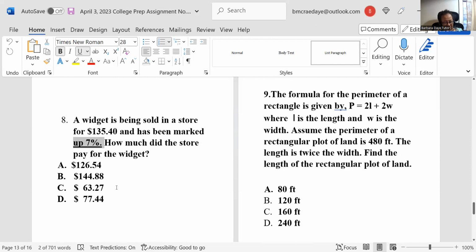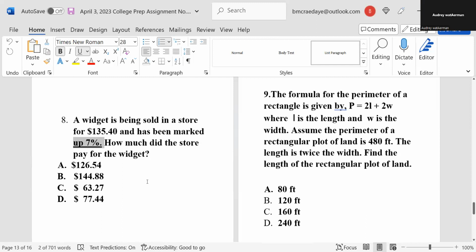So if the 135.40 is greater than your answer, it cannot be B. It's got to be between A, C, and D, because if you marked it up, that means what you paid for it is less than the 135.40.